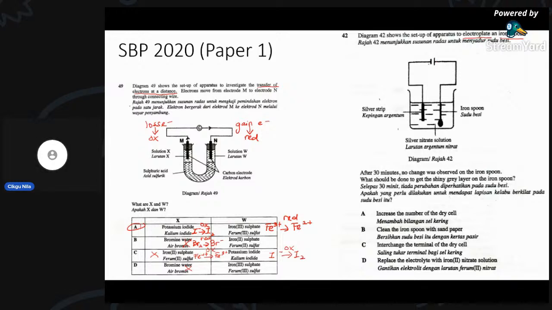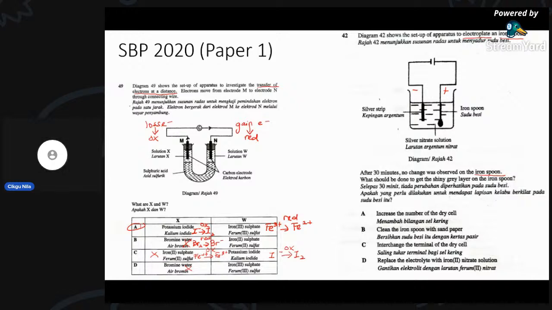According to the diagram, this is positive and this is negative. After 30 minutes, no change was observed on the iron spoon. What should be done to get a shiny gray layer on top of the iron spoon? You want silver to be deposited on the iron spoon.